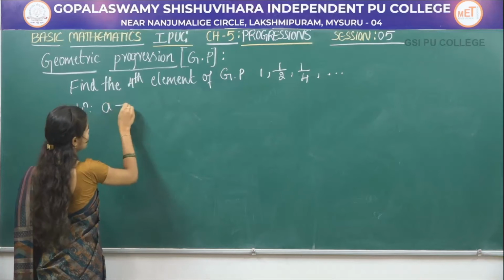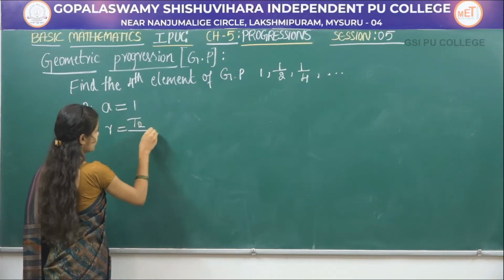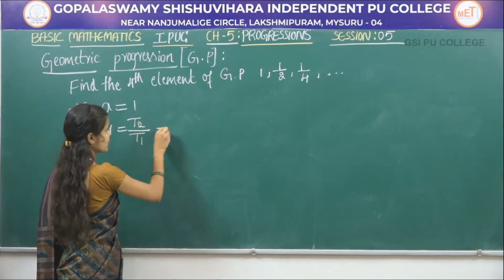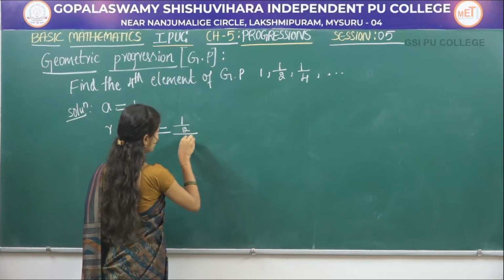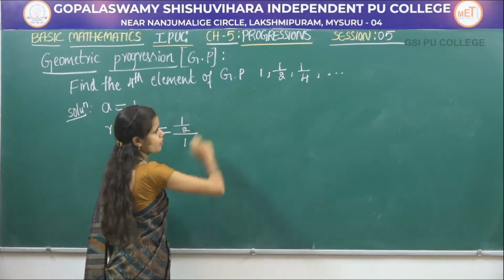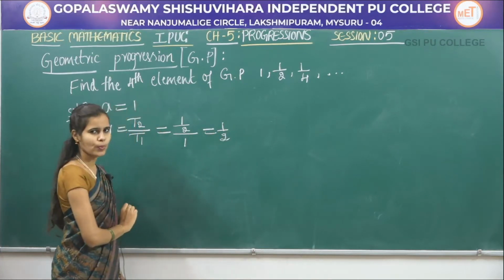So A is 1, and R is the ratio of the second and first term, T2 divided by T1. T2 is 1 by 2, divided by T1 which is 1, gives 1 by 2. Therefore R is equal to 1 by 2.